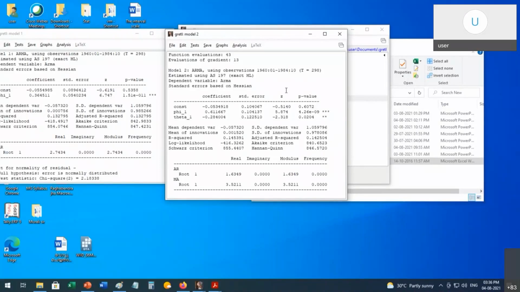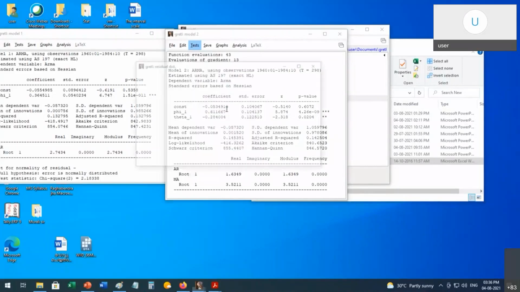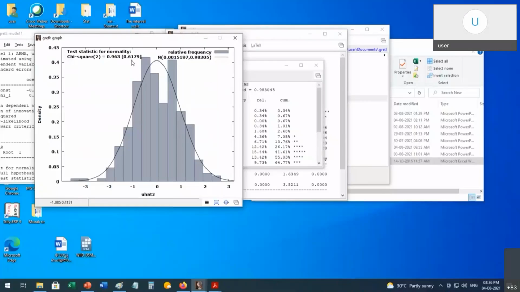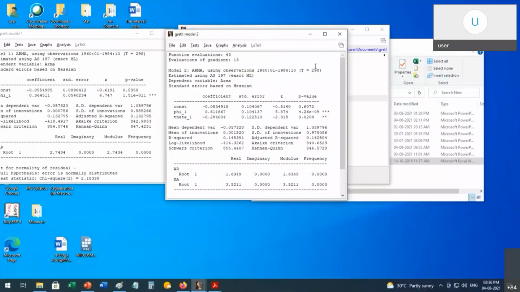Now, coming back to this, we find that this model is statistically significant. We have to see whether it is adequate or not. So we go to the test and do the normality of residual. The p-value is 0.61, that is greater than 5%. So the normality assumption is satisfied.